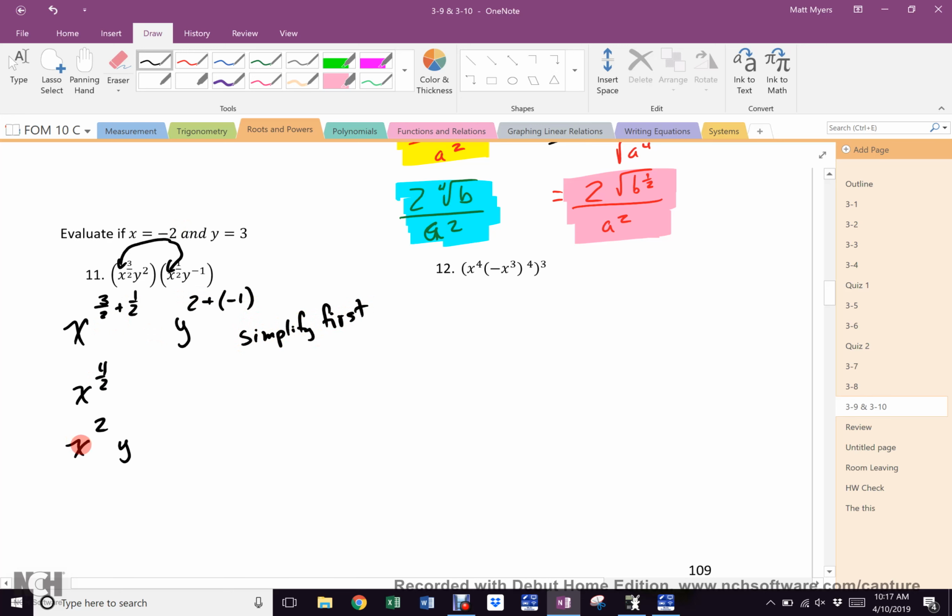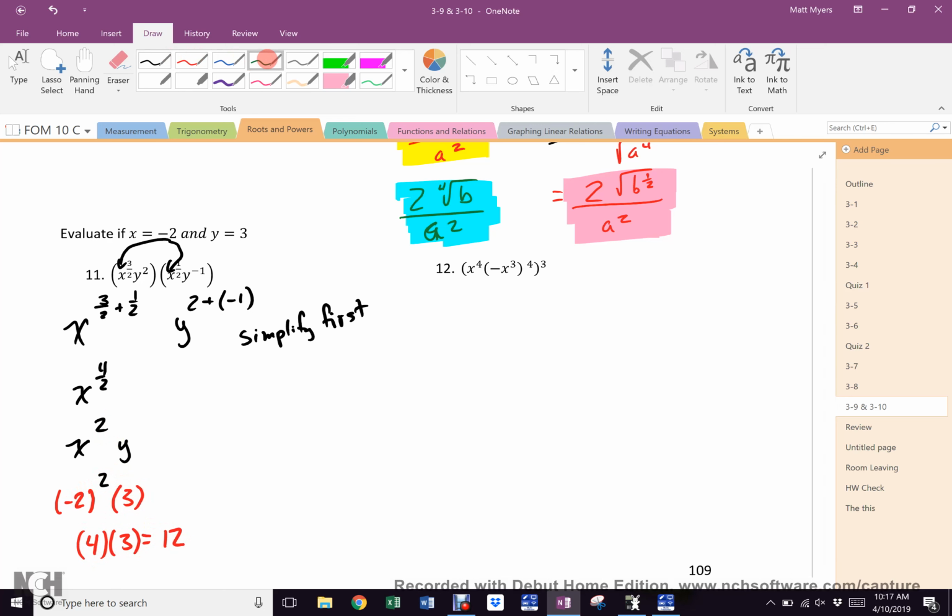Only once, here. So this is -2 to what power? 2 times, what's y? 3. What's -2 squared? 4 times 3. 12. What's easier? That or this?